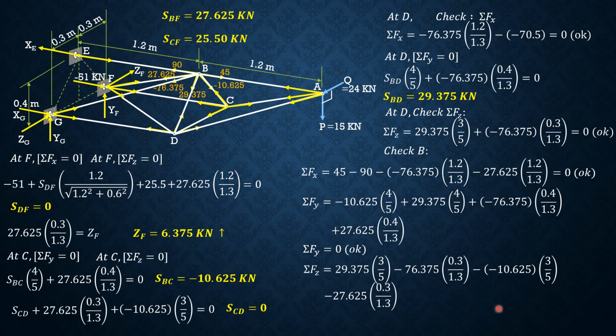So computing those values, summation forces z equals 0. Because joint B, the last joint, is in equilibrium, we are sure that all our answers are correct. So this is it. This is the solution to this problem.